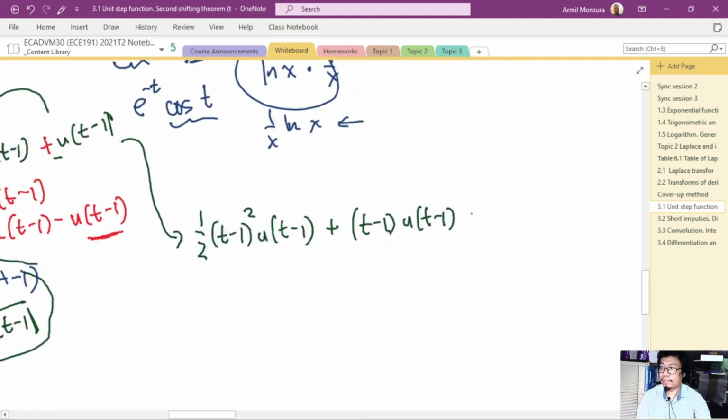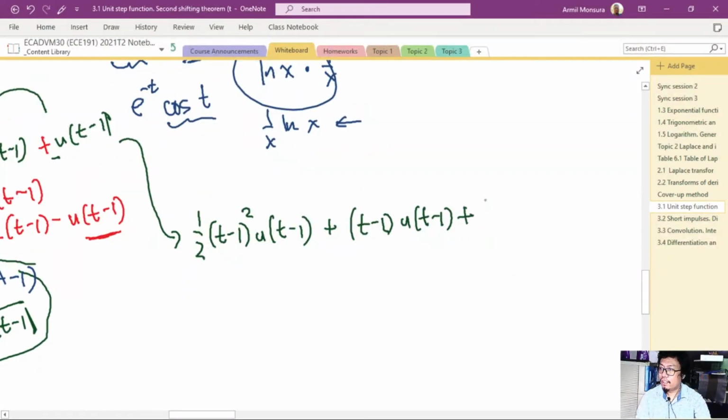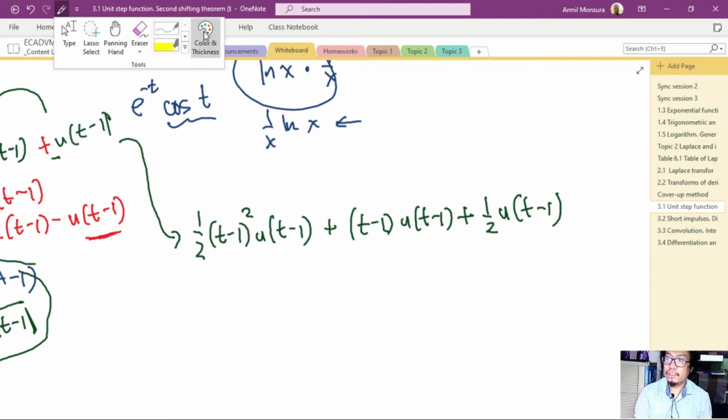So we can have this as plus 1 half u of t minus 1. These three terms, at least these two terms, are now consistent with the formulation set by equation 4.